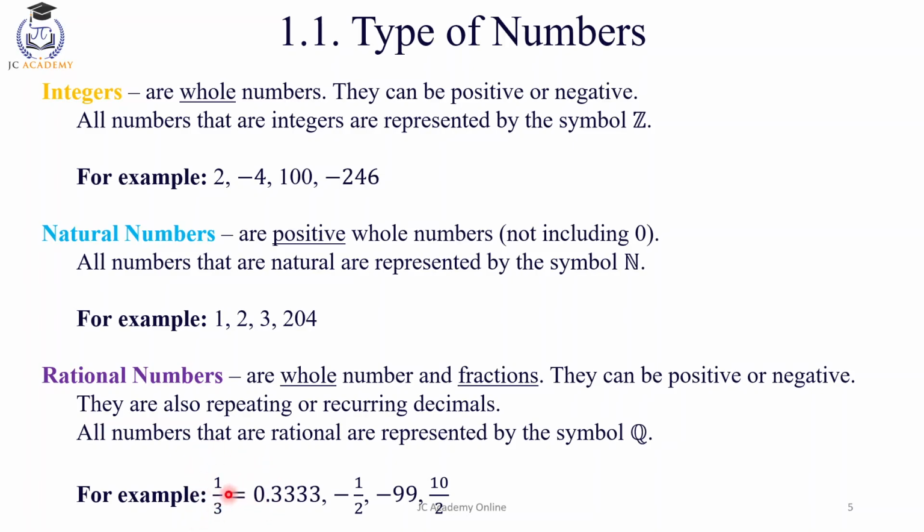This is a fraction, but its decimal equivalent is 0.33333 recurring, so it goes on forever. Then we have minus a half, which in decimal is minus 0.5. We have minus 99. We also have 10 over 2. These are all rational numbers. Notice we have whole numbers, and we also have fractions.